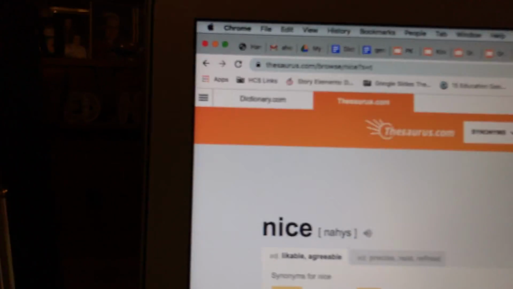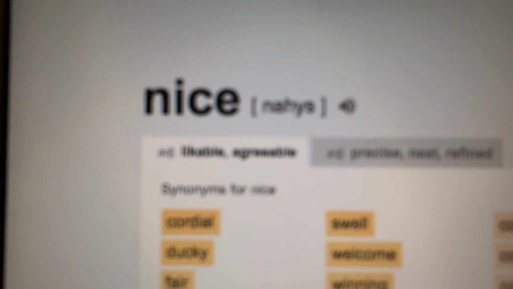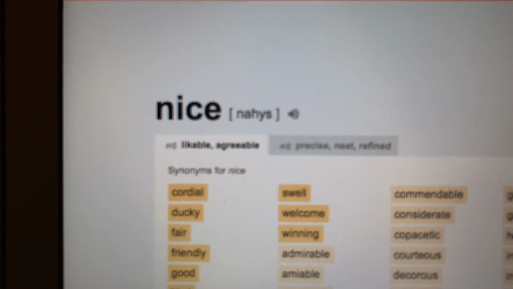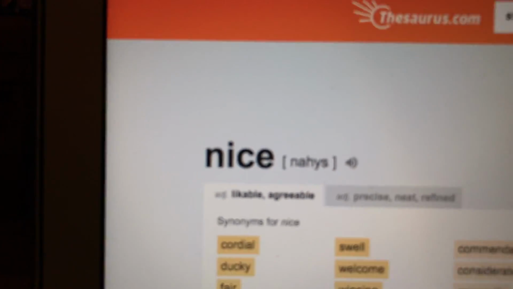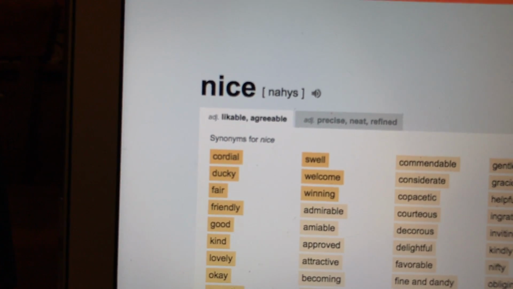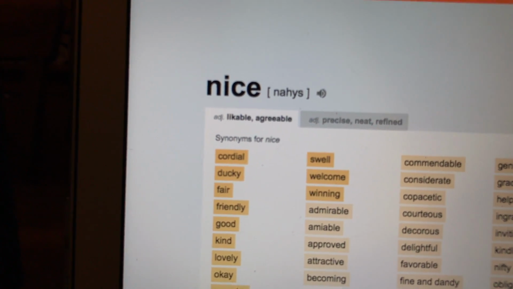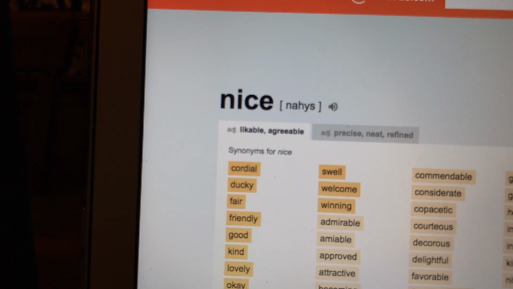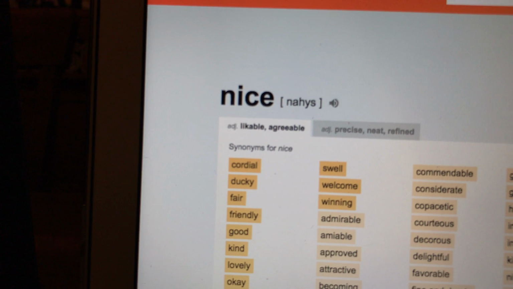And if you look, what part of speech is nice? I'm sorry, because I know it's a little blurry. But it says ADJ, which means that it is an adjective, okay? So it is a describing word. So instead of nice, classmate, we could use friendly.